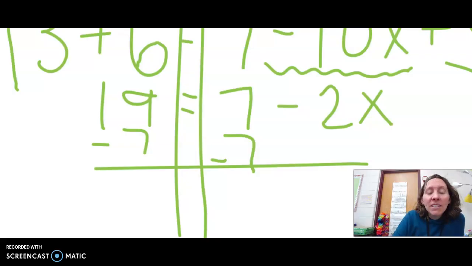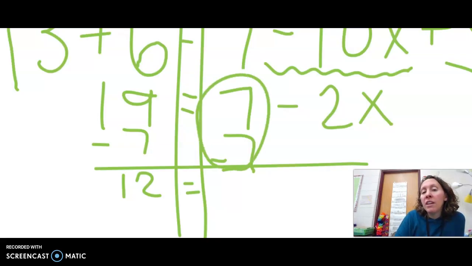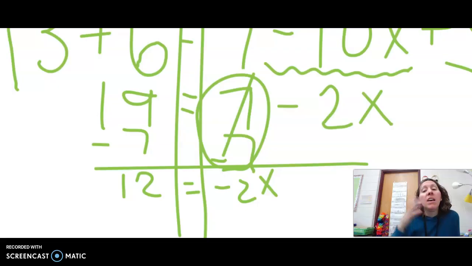So 19 minus 7 is 12. 7 minus 7 is 0, which is nothing, so we can get rid of that. We still have a negative 2x. Okay, so now we have negative 2 times x on the right.